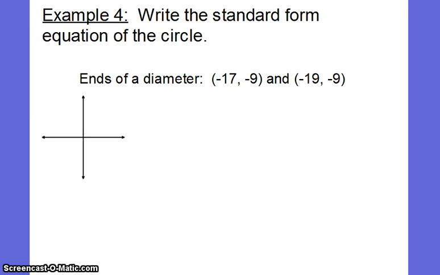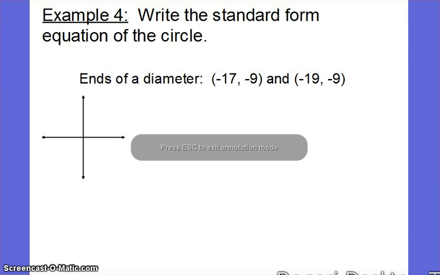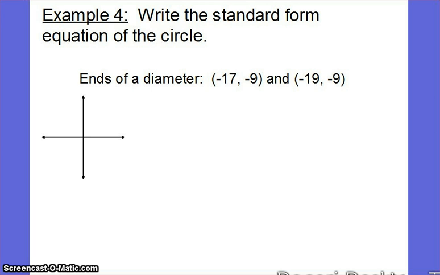Okay. Example 4, write the standard form equation of a circle. So just like the previous example, I need to know what the radius is and I need to know what the center is. I'm given 2 points, the ends of the diameter. So if I go left 17, I'm just going to kind of estimate, and down 9, that's one endpoint. If I go left 19 and down 9, that's another endpoint. So my circle will look something like that.